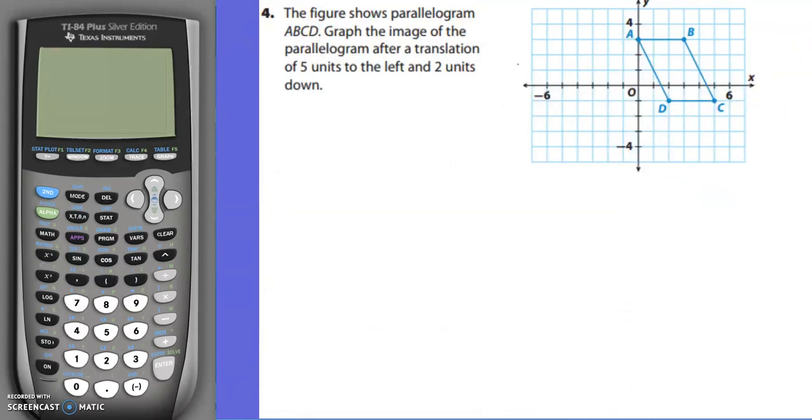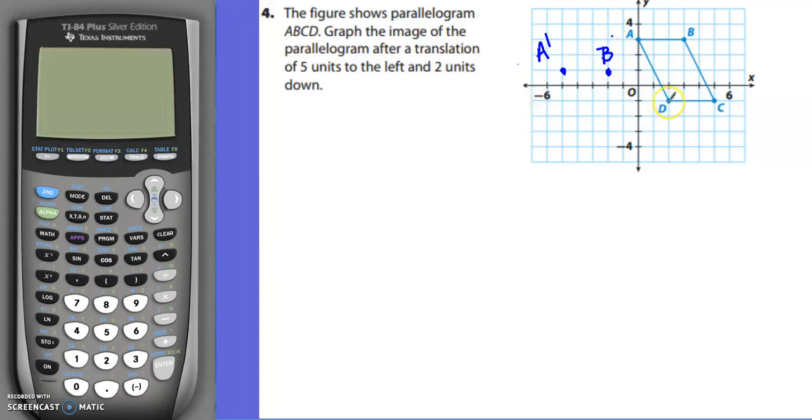Alright, let's go to the next one. So the figure shows the parallelogram ABCD. Graph the image of the parallelogram after translation 5 to the left and 2 down. So 1, 2, 3, 4, 5, down 1, 2. We're going to call that A prime. 5 to the left, 2 down. 1, 2, 3, 4, 5, down 1, 2. We call that B prime.